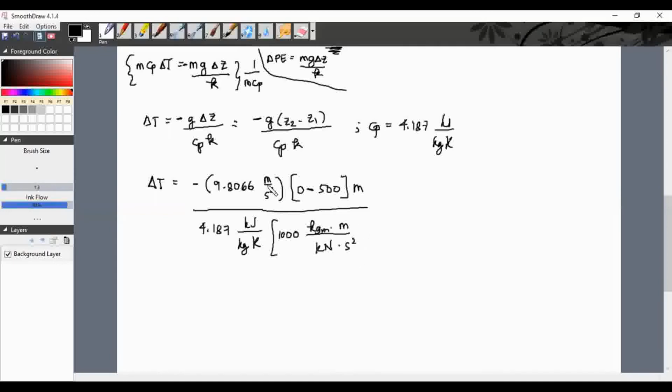So cancel this, cancel the kilogram mass.